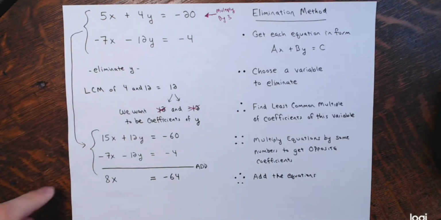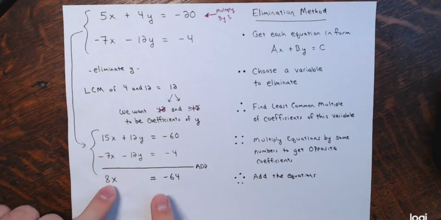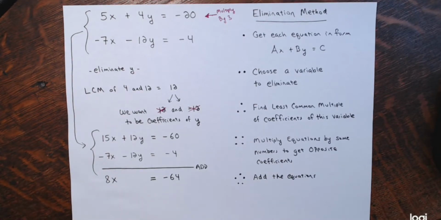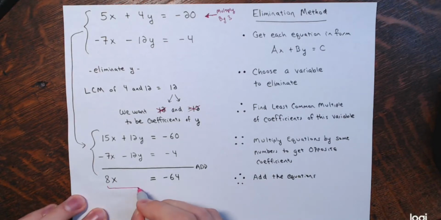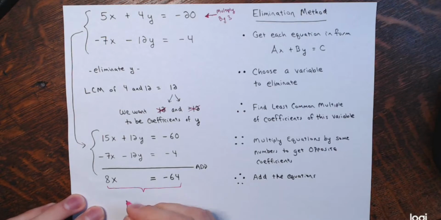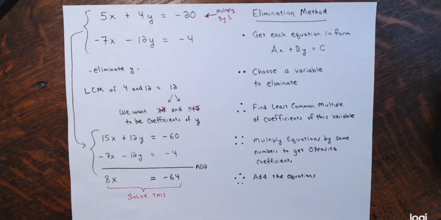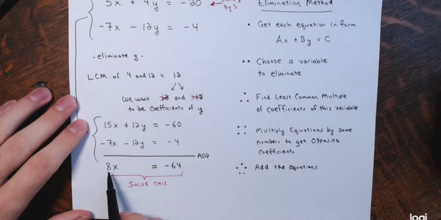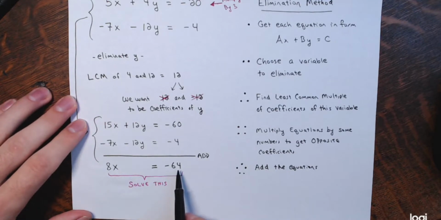And look what happens. After you eliminate one of the variables, you're left with an equation that has just one of the variables and not two. So then you solve this resulting equation. Now you have 8x equals negative 64.